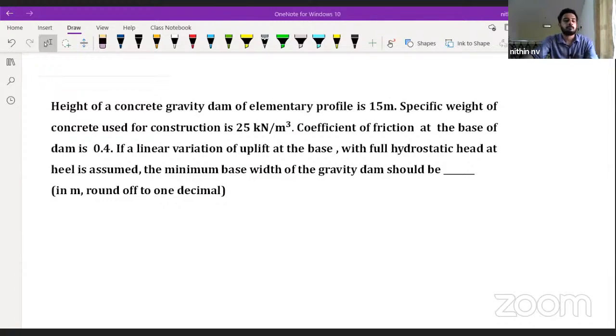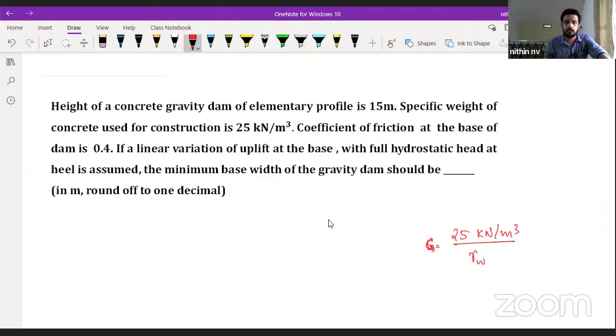That's it. Yes, according to the first data, capital H is given directly 15 meter. And how can we take the G value? Specific weight is given, 25 kilonewton per meter cube. Specific gravity G, that is equal to gamma W, which is nothing but 9.81 kilonewton per meter cube.